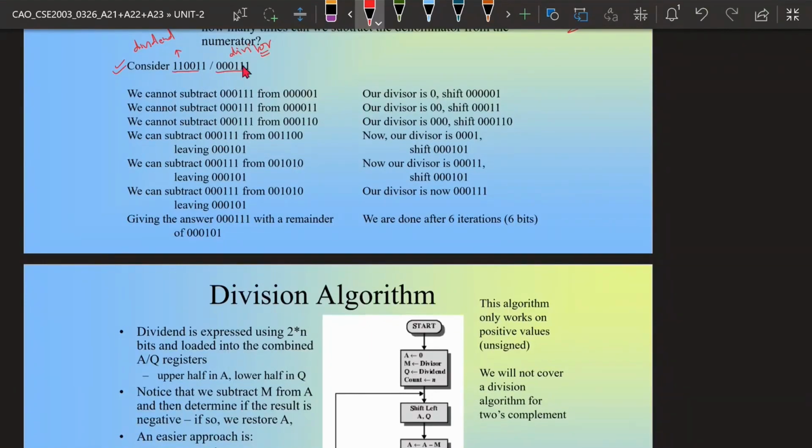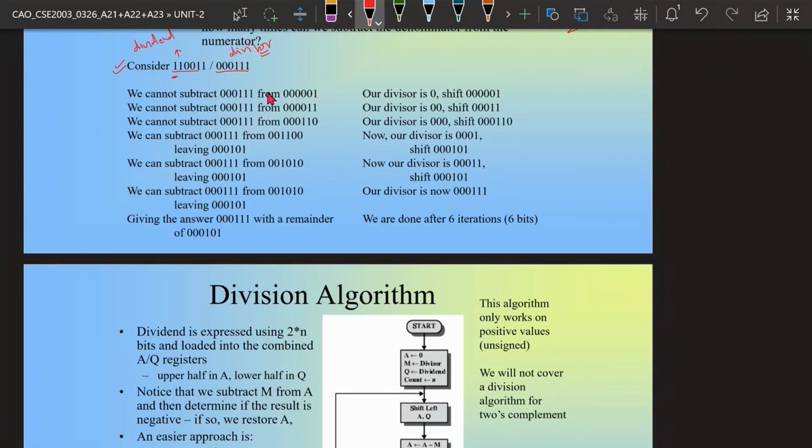First of all, we will be considering the first digit. If we want to subtract this number from 0, 0, 1, we cannot subtract. So what we do is shift by 1 bit. After shifting, we consider 1, 1 is there.